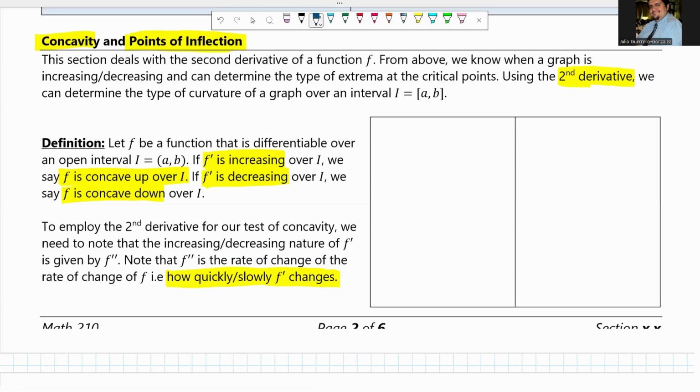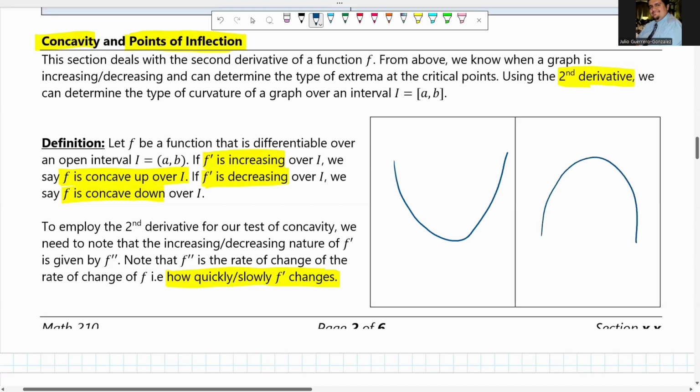So let me go over here. Something that is concave up. Let's do concave up first. So concave up means it's bowl up, right? And concave down means it's bowl down, like that, right?